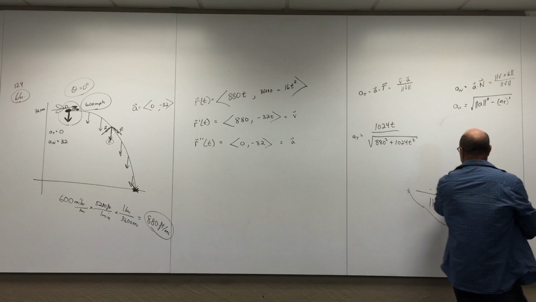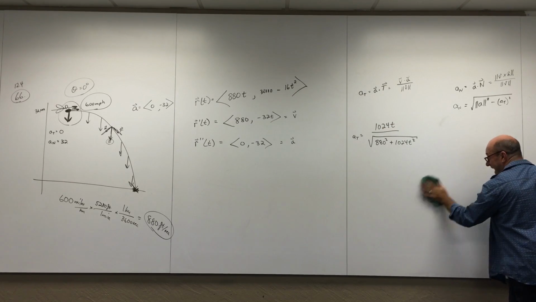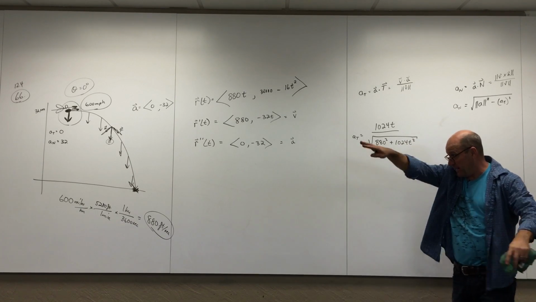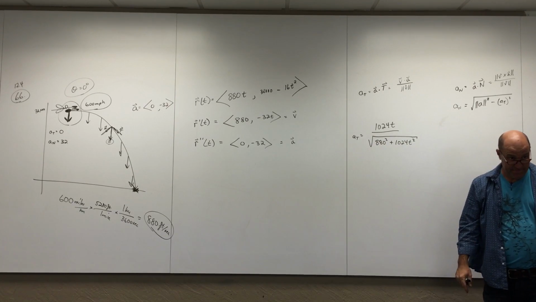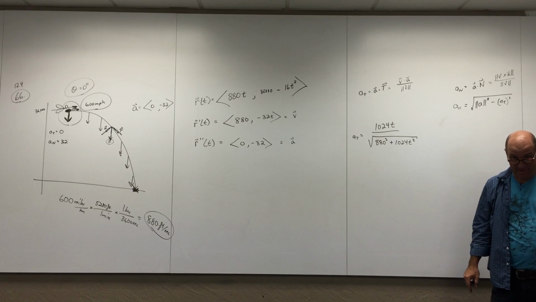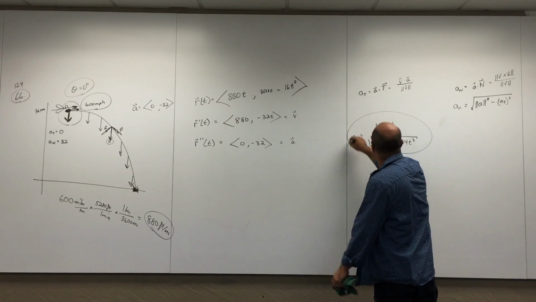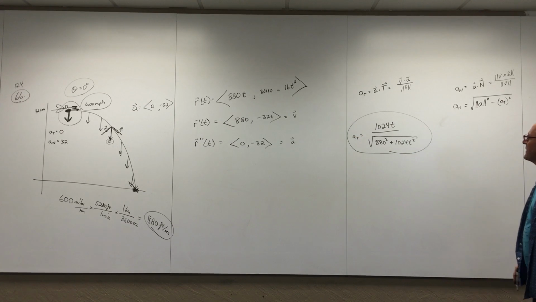Well, that wasn't too hard. There's AT in general at any time. That's the tangential component of acceleration for this bomb at any moment. Whew. I mean, we developed a formula for it, and it doesn't clean up much more than that.